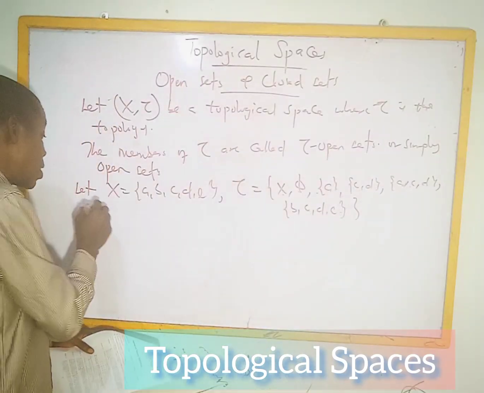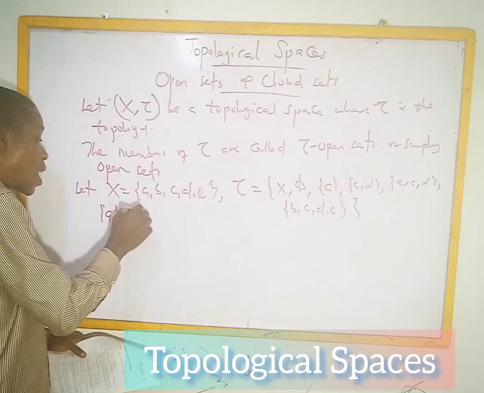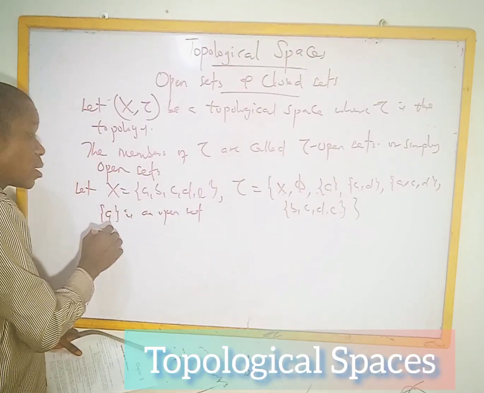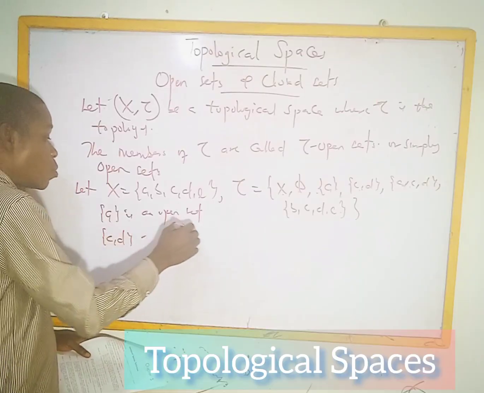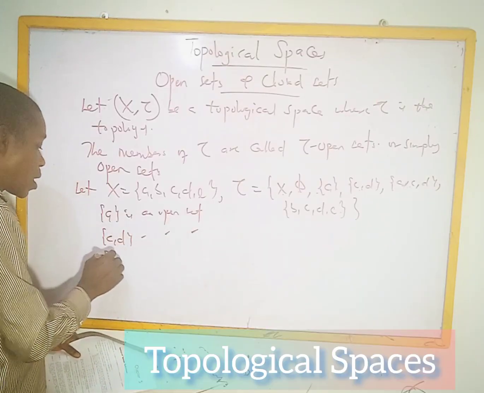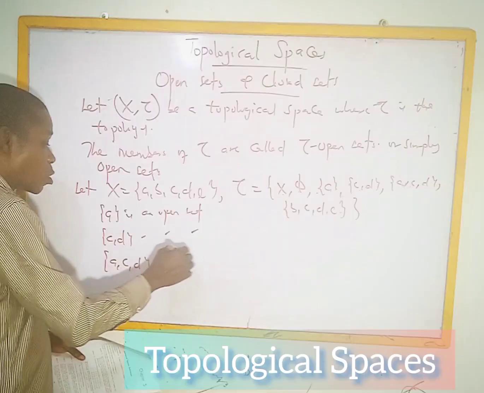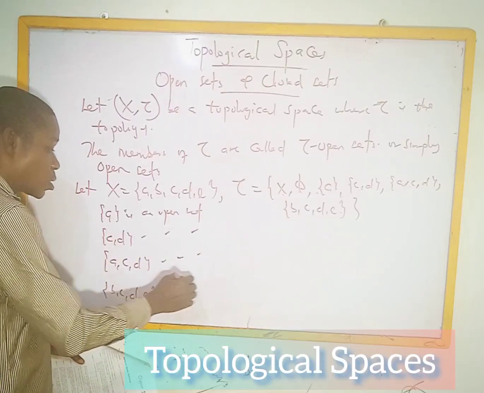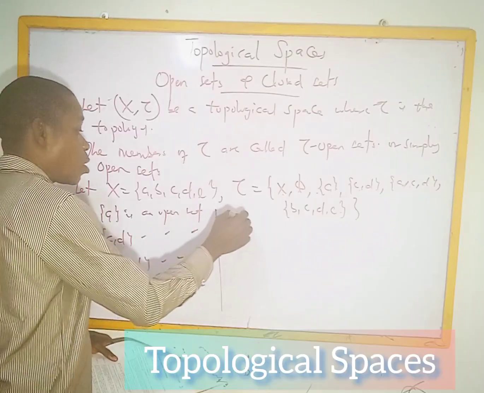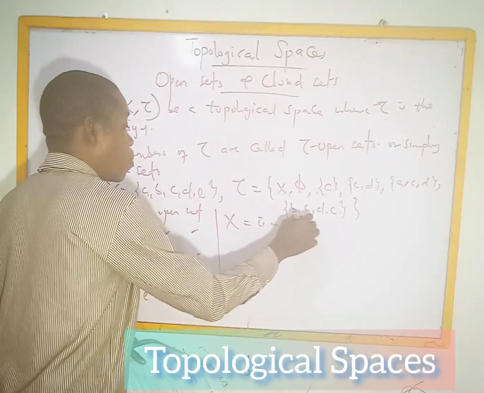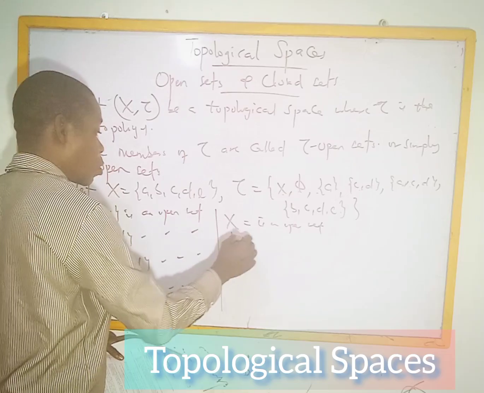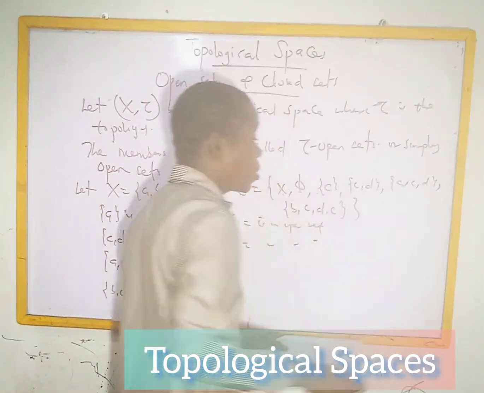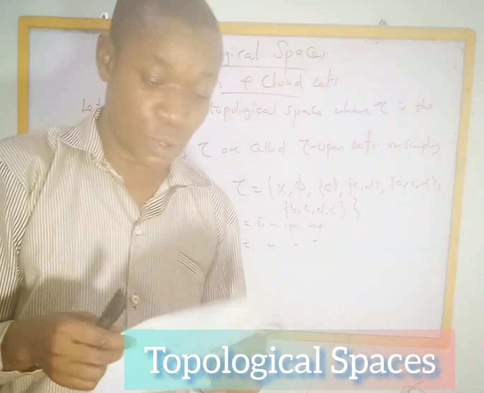That is, this set A is an open set. C, D is an open set. A, C, D is also an open set. B, C, D, E is also an open set. Then X itself is an open set, and lastly the empty set is also an open set. So each member of this topology is an open set.